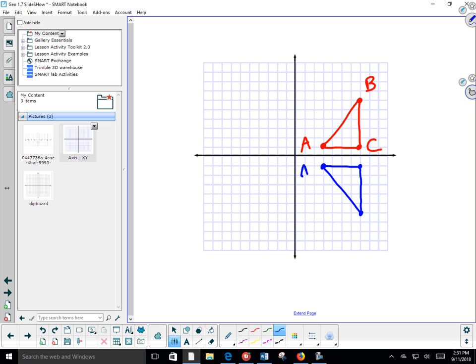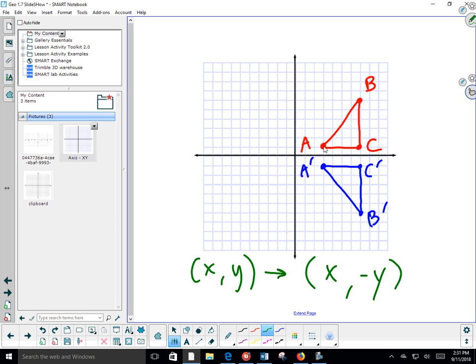All right, so this is A prime, that's C prime, that's B prime, everybody agree? So what would be the rule for this? X comma Y maps to what? What do you think, Carlina? Would just be X negative Y? X comma opposite of Y? Do people agree with that?